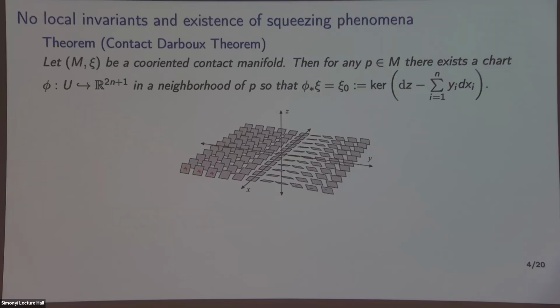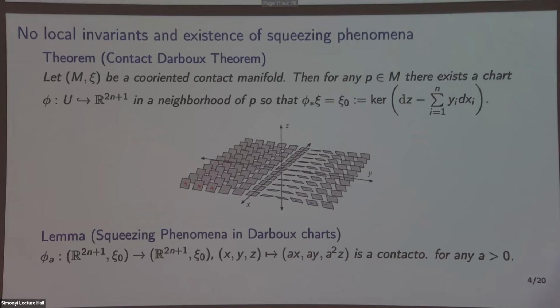So no local invariants, and here the situation is even more flexible, or dramatic, than in symplectic geometry, because you don't have trivial global invariant quantities that you can deduce once you have a contact distribution, just a distribution of hyperplanes. It's not easy to deduce from it some global invariant quantity.